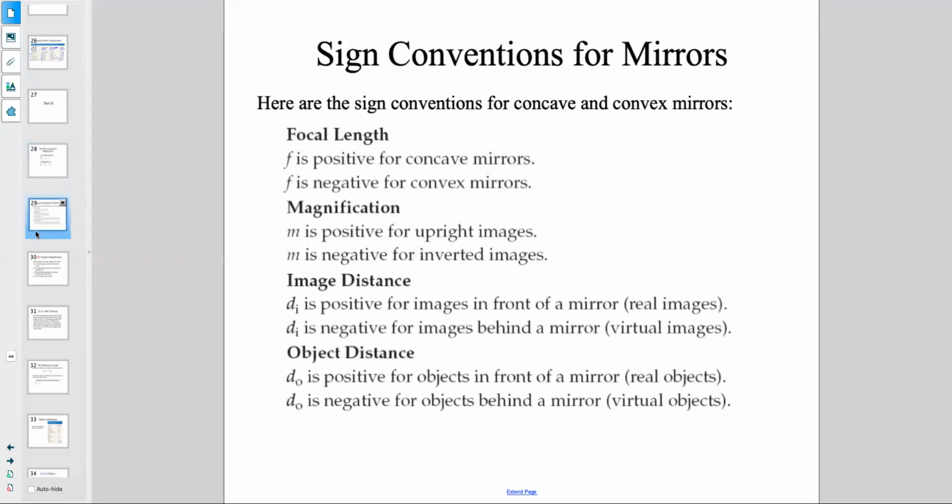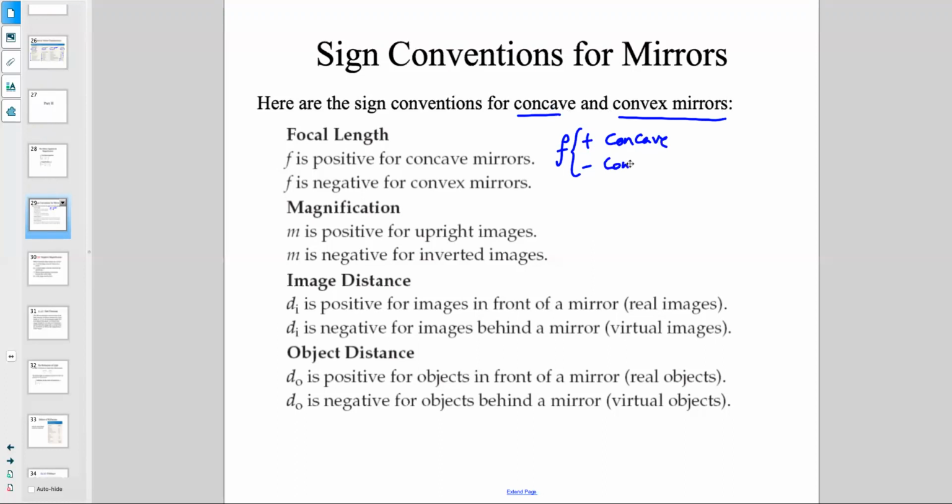So in general, here are some sign conventions for the concave and convex mirrors. If it is a concave mirror, then F is positive.